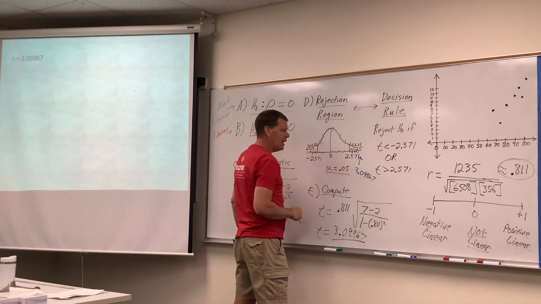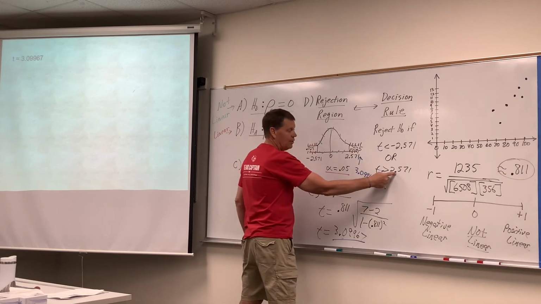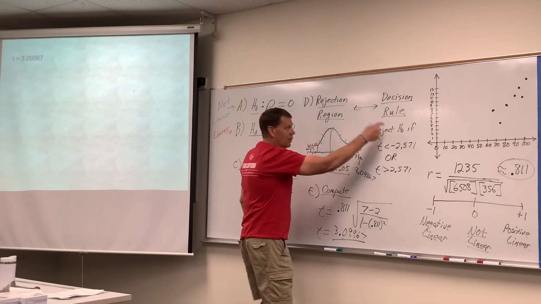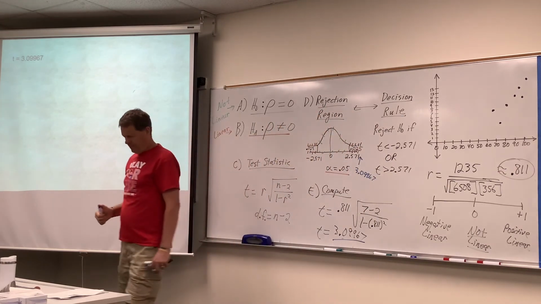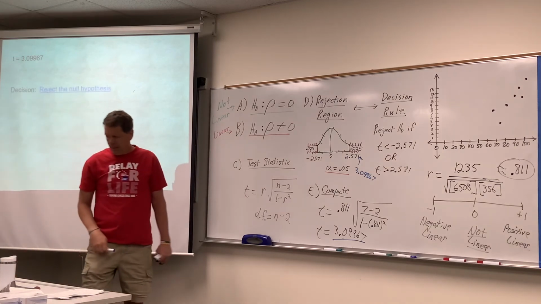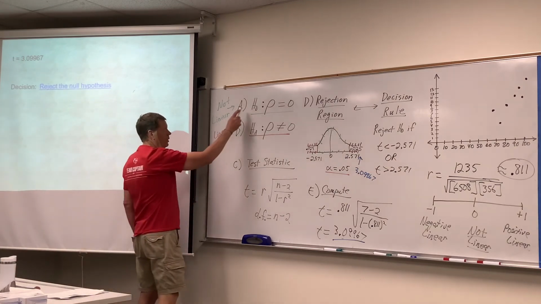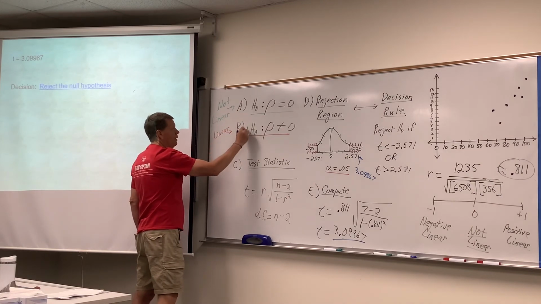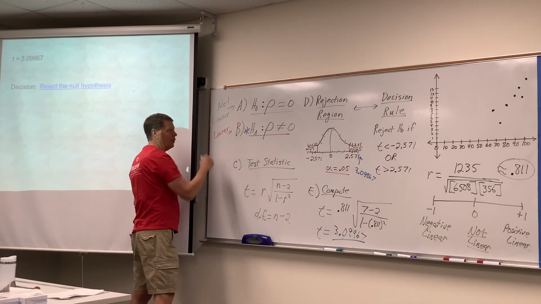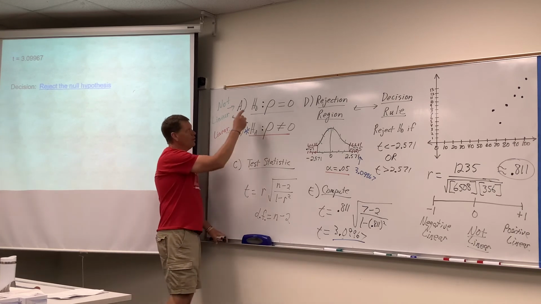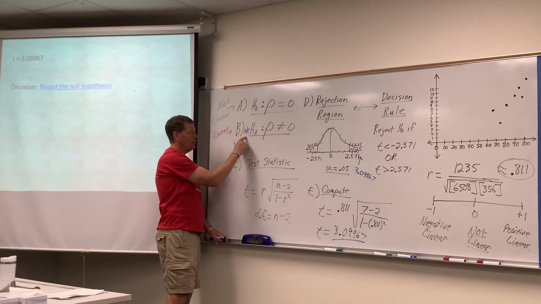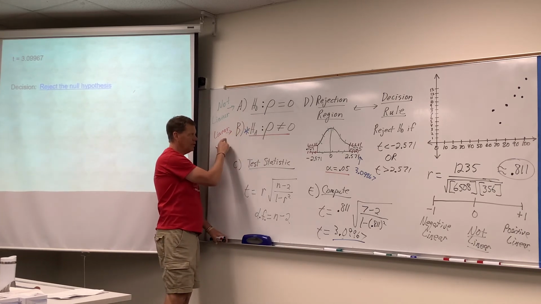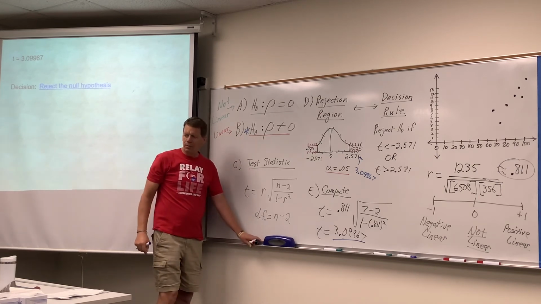So that 3.09967 is indeed in that upper tail. It is indeed greater than 2.571. We're going to reject that null hypothesis. And if we reject the null, which was the assumption they were not linear, that supports the alternative, and the alternative was they are indeed linearly related.